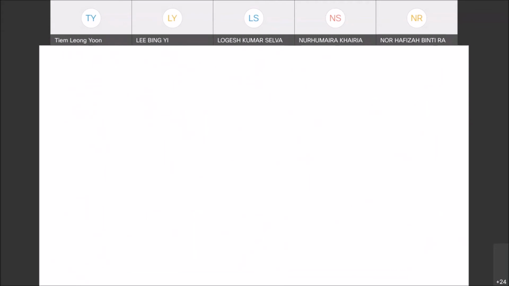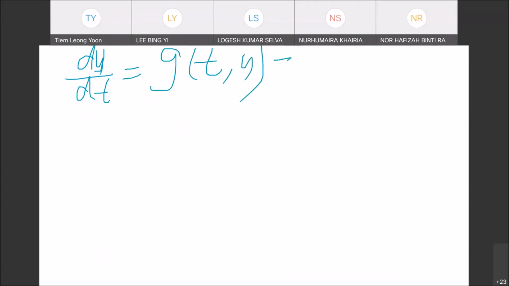So dy/dt, which I have derived earlier on, is a complicated function. Let me call this dy/dt as a function of g. Okay, just call it g instead of y. It's a function g in terms of t as well as y. If you want this written down explicitly, it's kind of complicated.